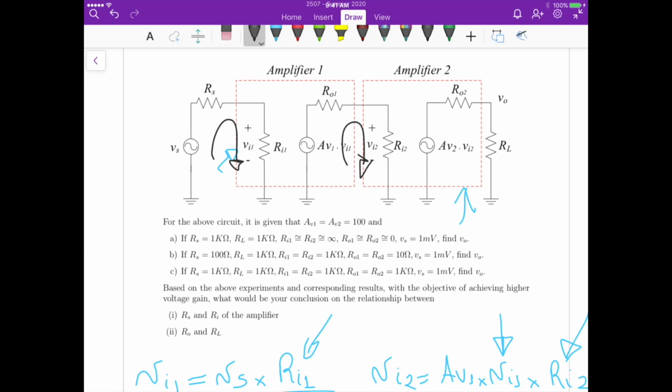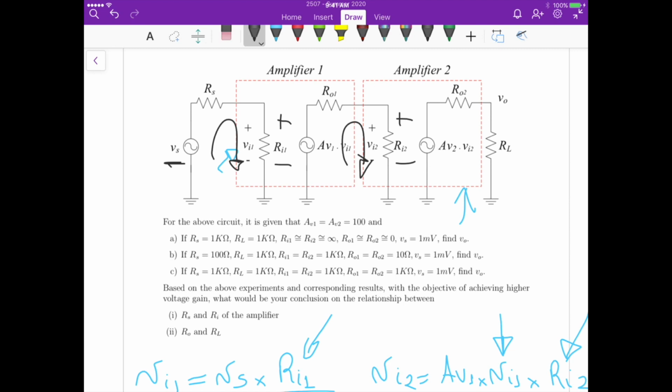What happens to the amplifier gain and the output voltage with respect to Rs, Ri, Rout, and RL? For part 1, if we have an infinite or very high input resistance, most of the input voltage will be dropped across this resistor here and this resistor here.